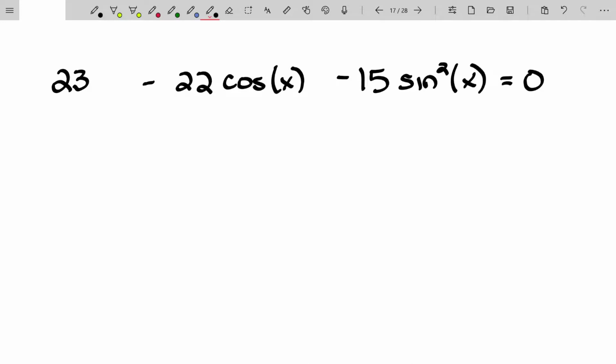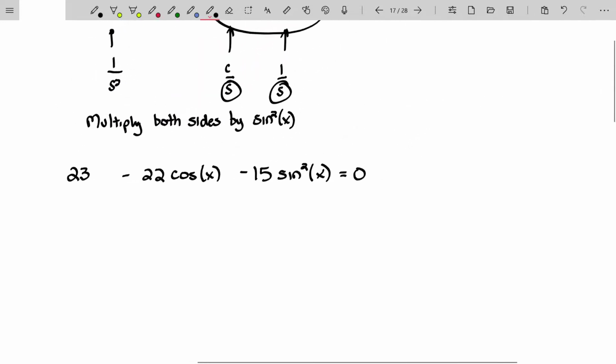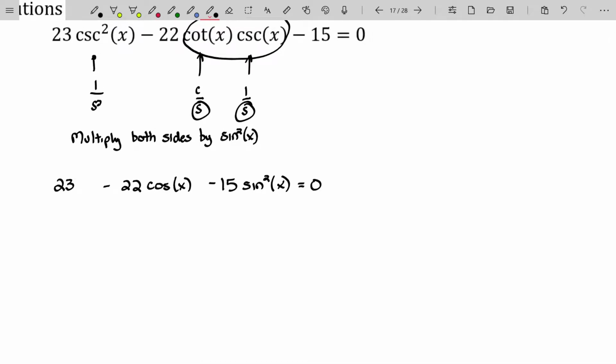Well, luckily, we have the Pythagorean identities. Whenever I see a sine squared or a cosine squared, I always am reminded of the Pythagorean identities, that the sine squared of x plus the cosine squared of x is equal to 1. Therefore, if I want to get rid of a sine squared, I could trade it out for a 1 minus cosine squared.